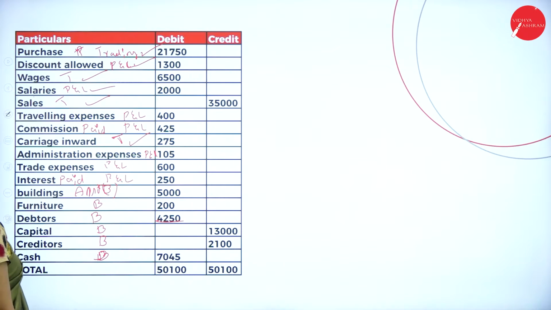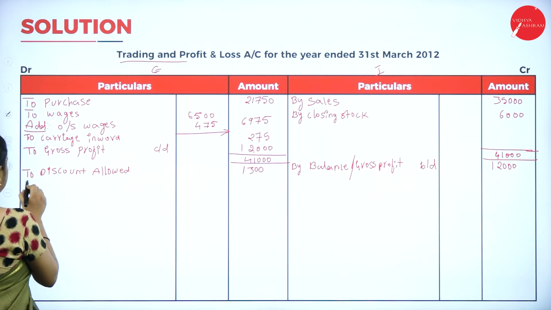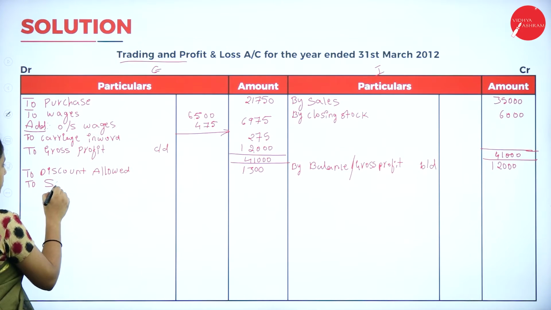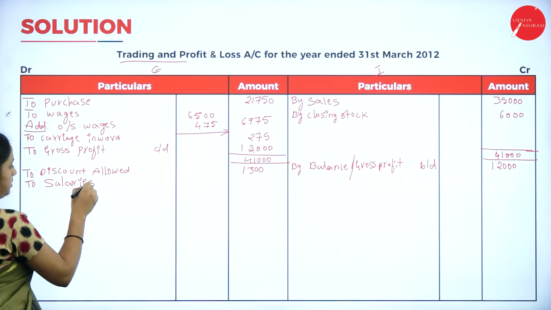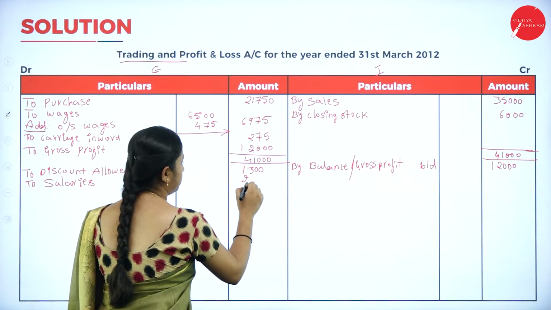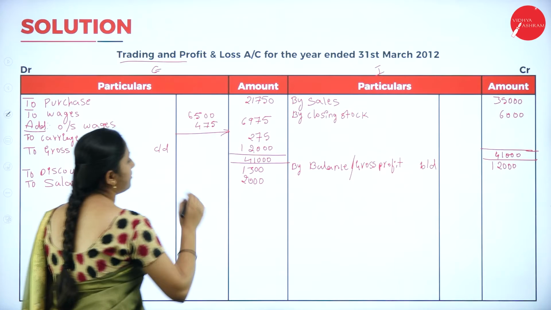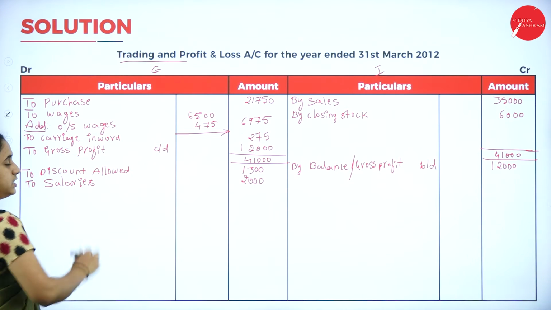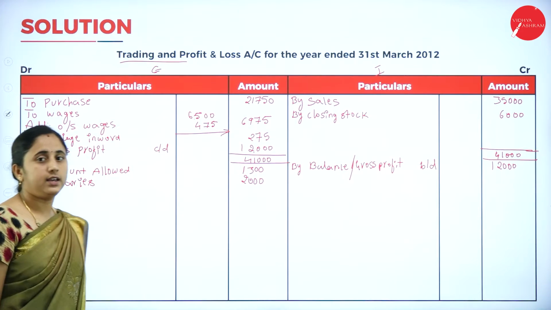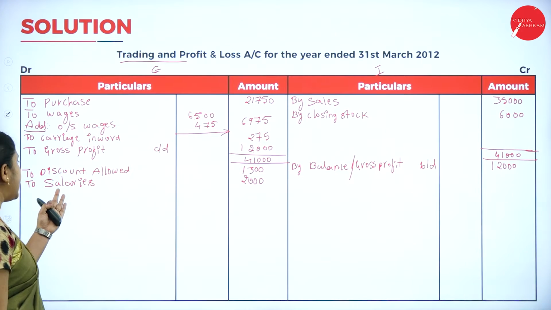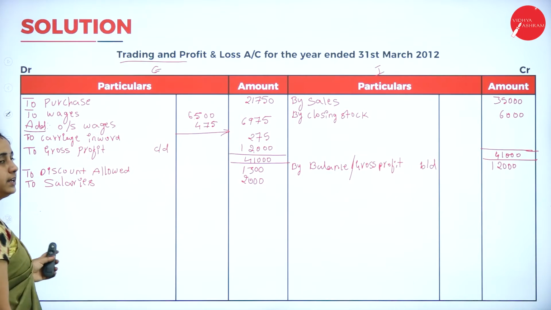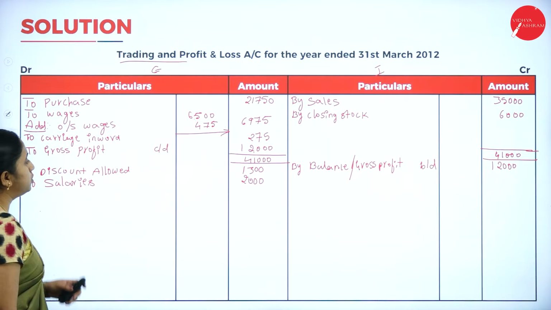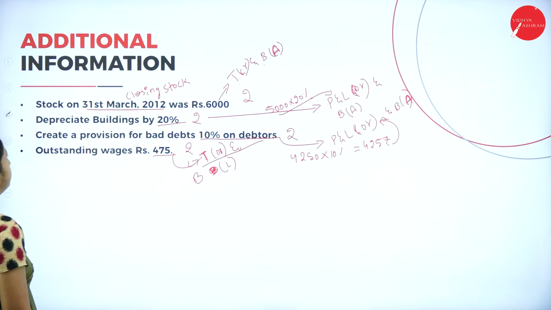Salary is an expense. So write on the debit side, salaries 2,000. To salaries 2,000. We don't have any adjustment related to salary or discount allowed. If you have any outstanding salary, you need to add it with salary. In this problem, you don't have any adjustment, so write 2,000 directly in the outer column.